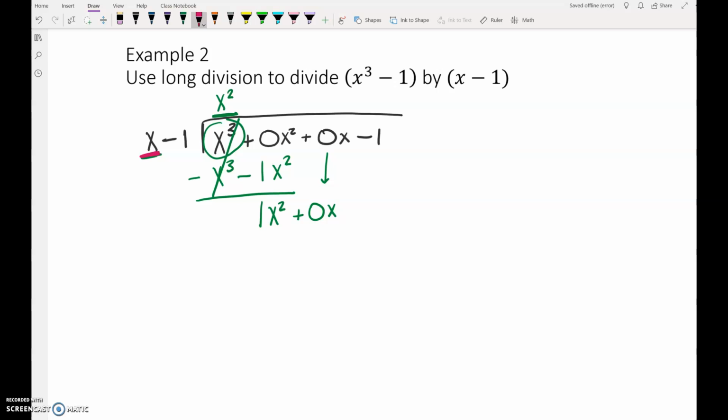X times what is going to give us 1x squared? Plus 1x. 1x times x is 1x squared. 1x times negative 1 is negative 1x.